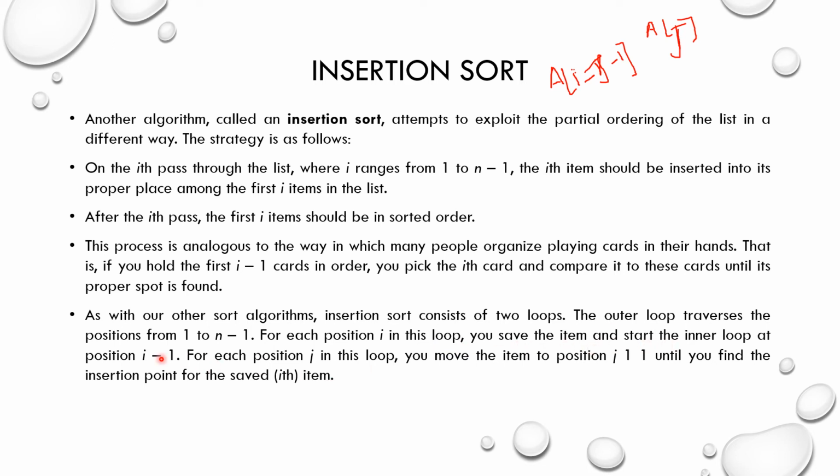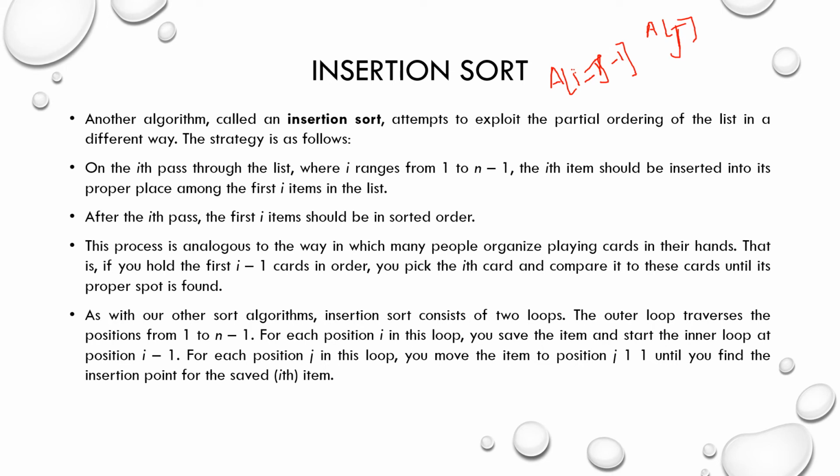For each position j in the inner loop, you move the item to position j minus 1 until you find the insertion point for the ith item.